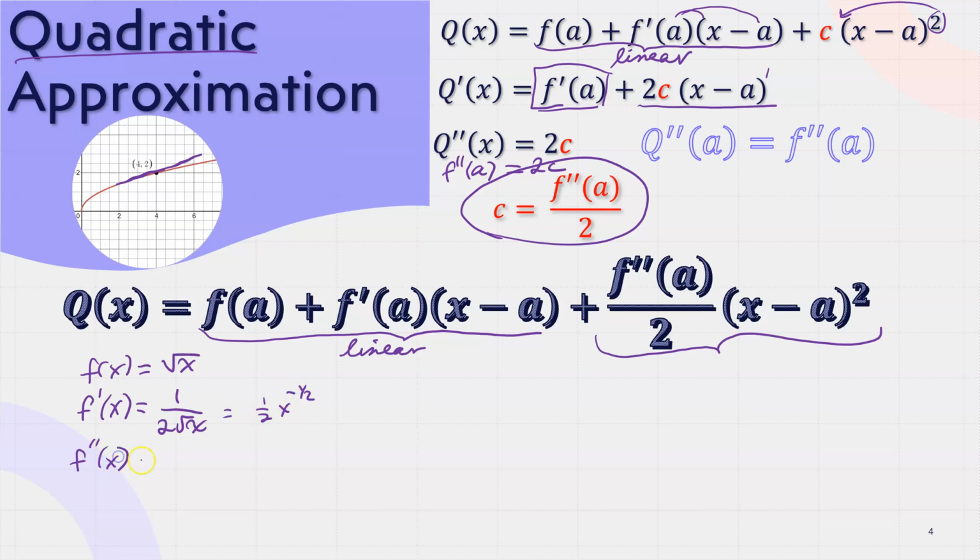So then the second derivative is going to be negative 1 over 4 x to the negative 3/2, which is negative 1 over 4 square root of x to the third. Okay, so let's go and evaluate these values when a is, say, what did we do before? a was near 4. Let's do that, near 4.